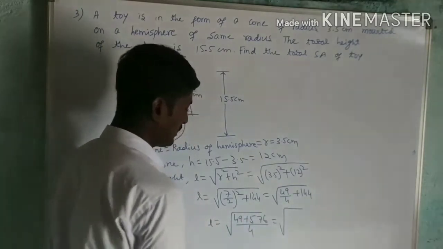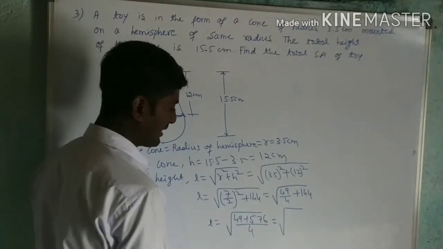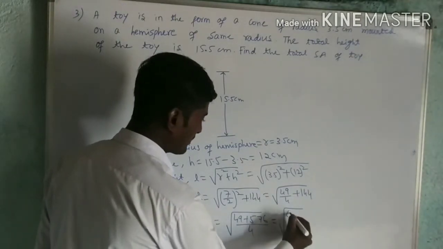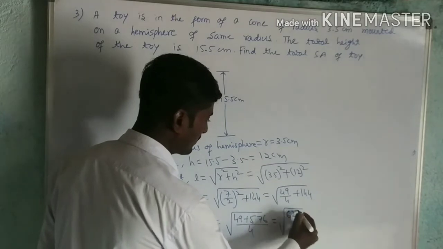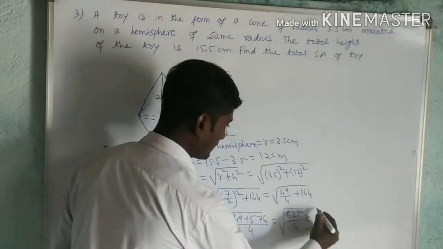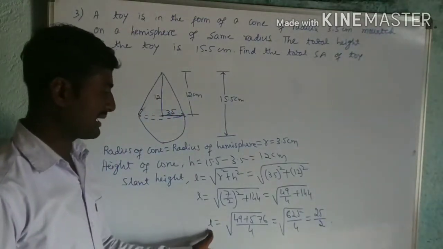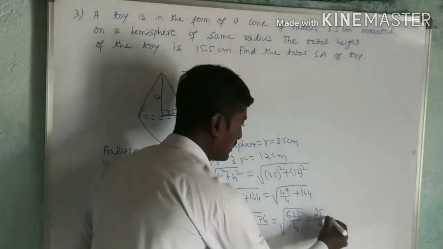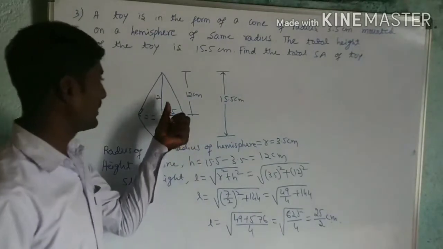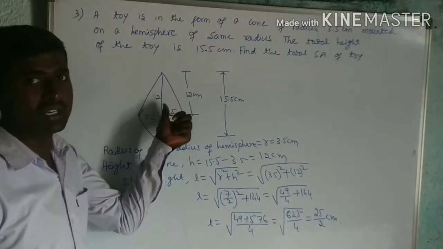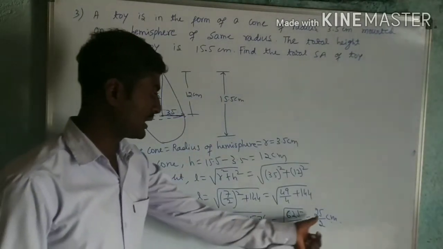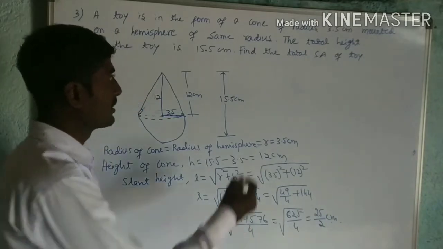So this is 49 plus 576, that is 625, divided by 4. Here I am getting 25 divided by 2. The slant height L is 25 by 2 centimeter, because they have given radius and height of the cone in centimeter.